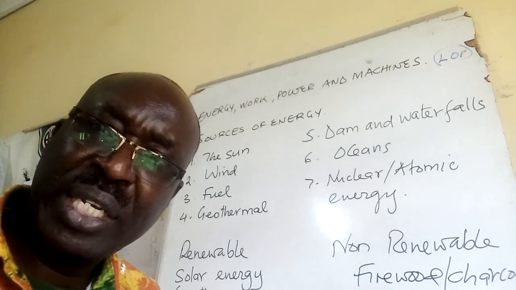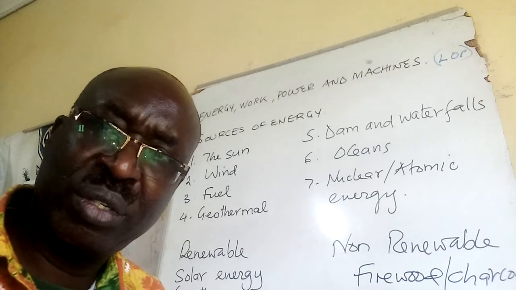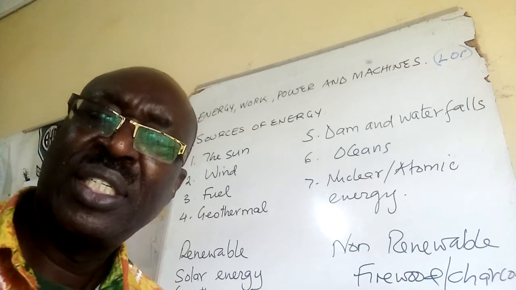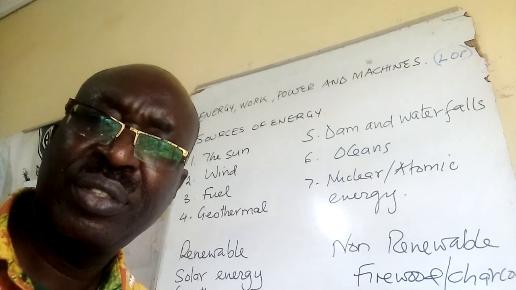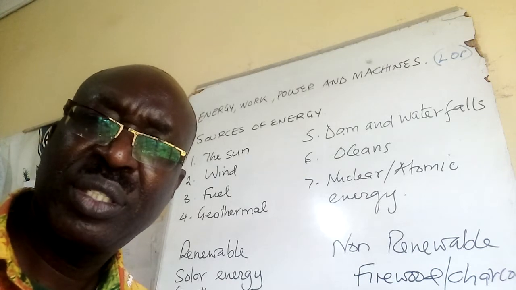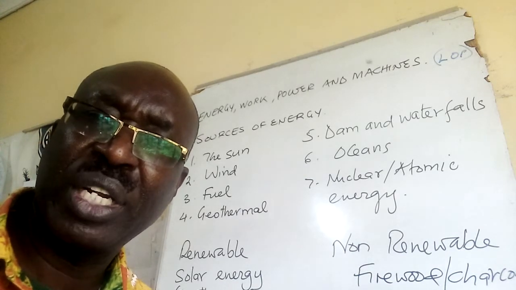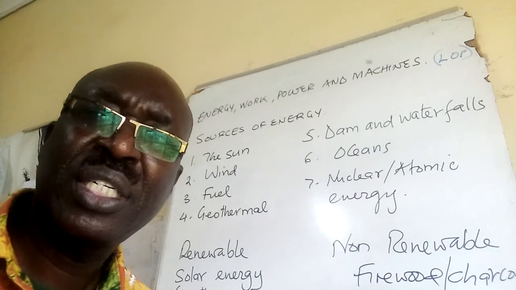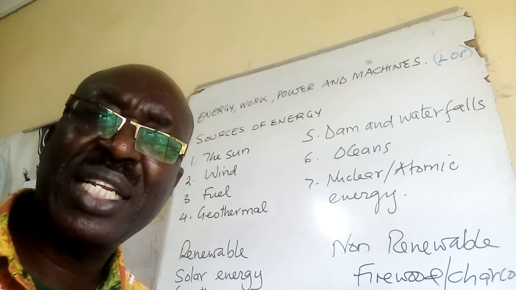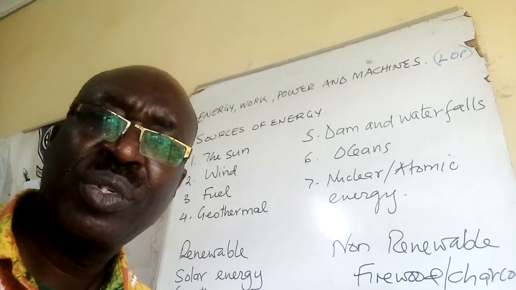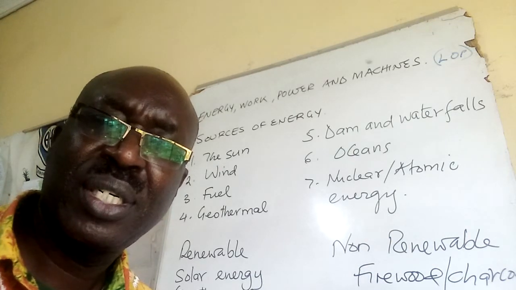So matter is made up of particles, you remember that, and then we have atoms, and in each atom there are electrons going around the nucleus, and at the center of the atom we have neutrons and protons.